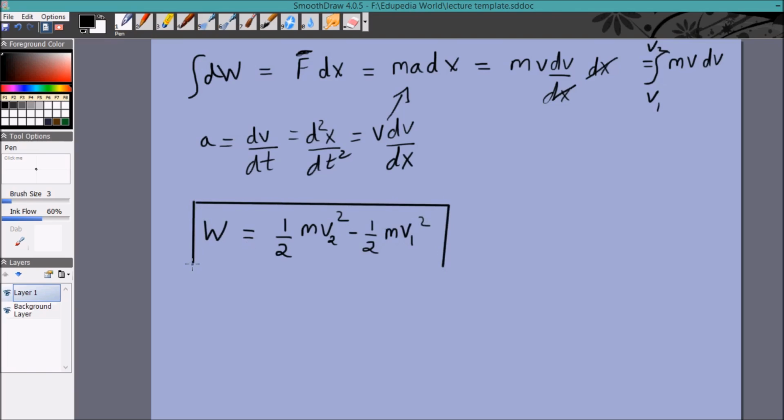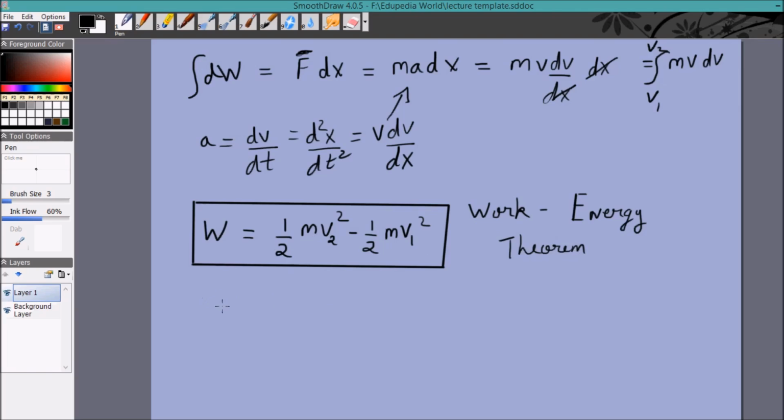This is a very important result called the work energy theorem. And what it says is the work done equals the change in kinetic energy.